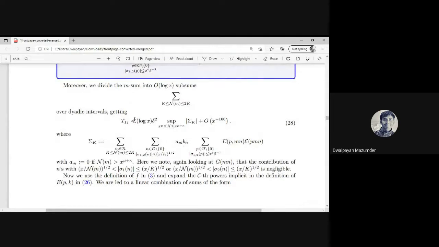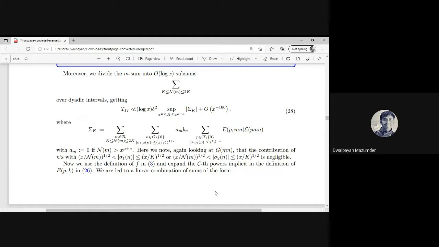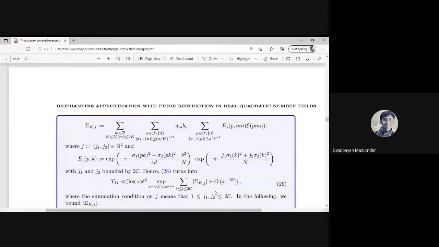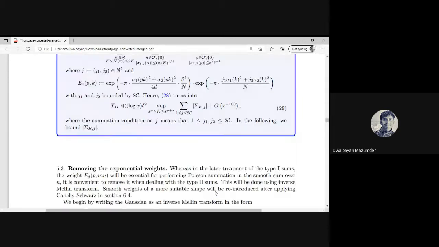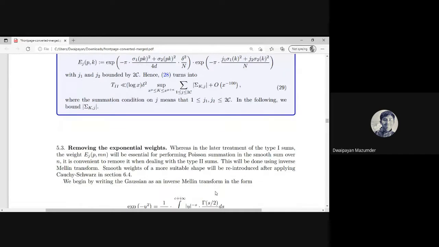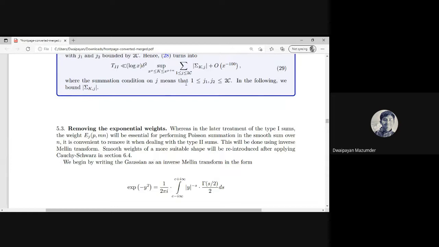So from that you have the sigma k coming into that one, and if you expand this cth power, then you will get this kind of big fellow. Here j1 and j2 come in, and you need to tackle this particular e_jpk here, and now at this position, to this end and the 29, we will focus on this delta and sigma of k of j, capital K of j, I mean this particular sum.